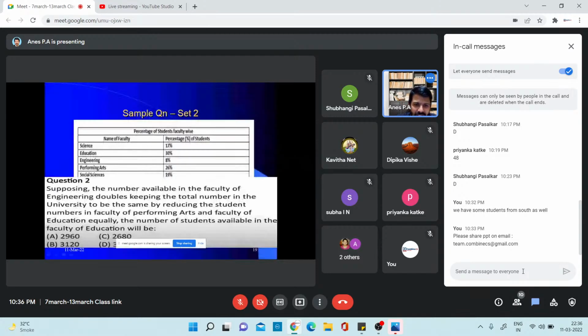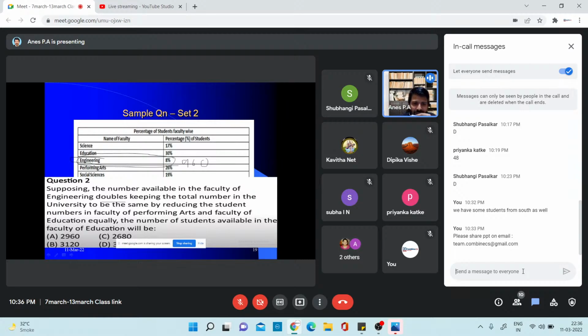Supposing the number available in the Faculty of Engineering doubles. So we find the already available faculty of engineering, 8%, and we get 960. We need to double this value, that means we need to add another 960 students to this engineering faculty.